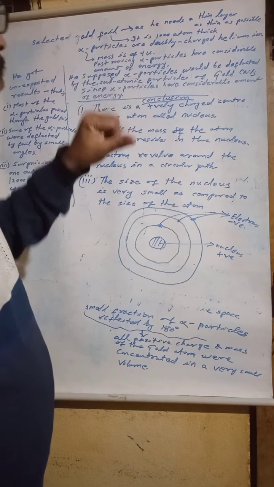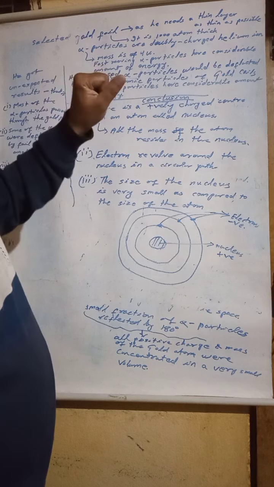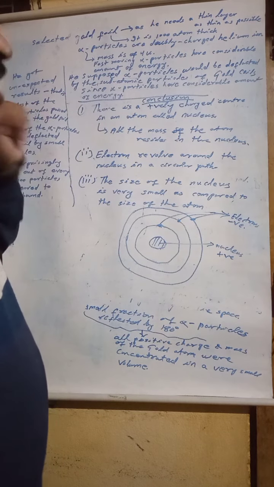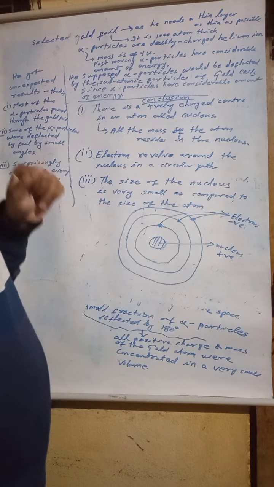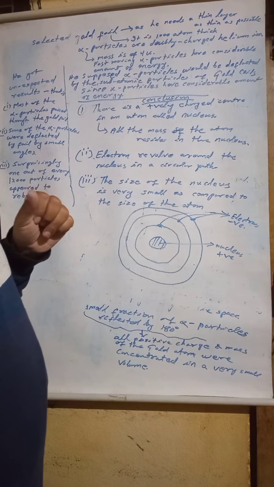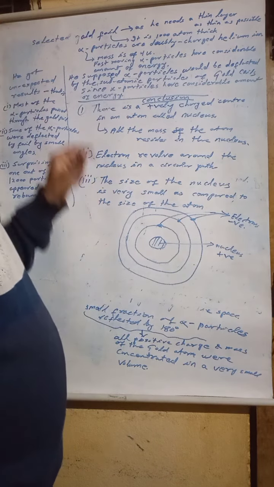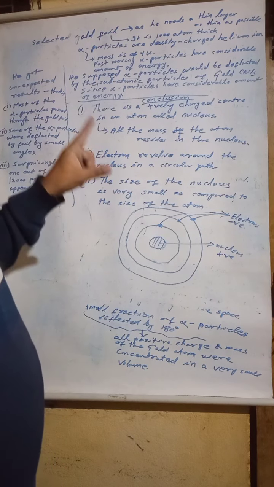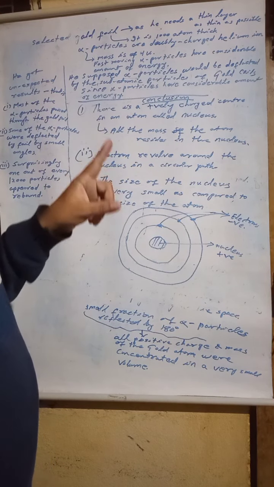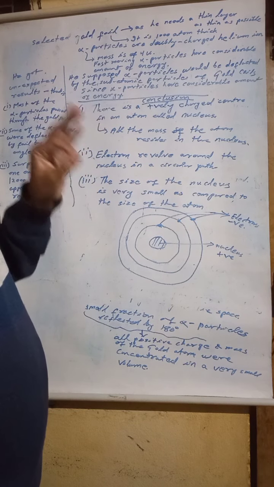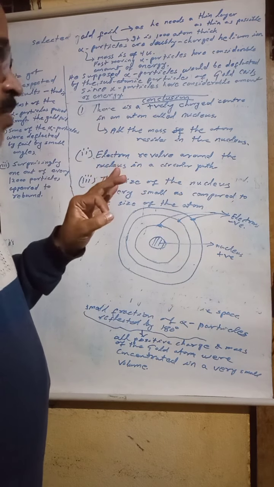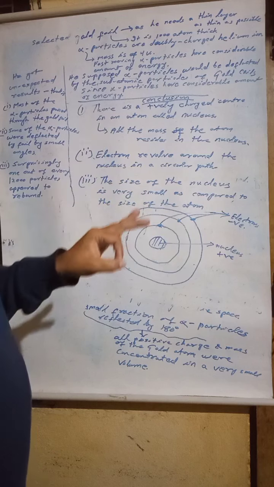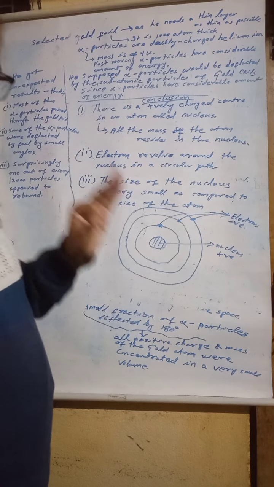Alpha particles. Why alpha particles? Alpha particles are doubly charged helium ions, and their mass is 4 units, and they are fast moving. As they are fast moving, alpha particles have a considerable amount of energy.